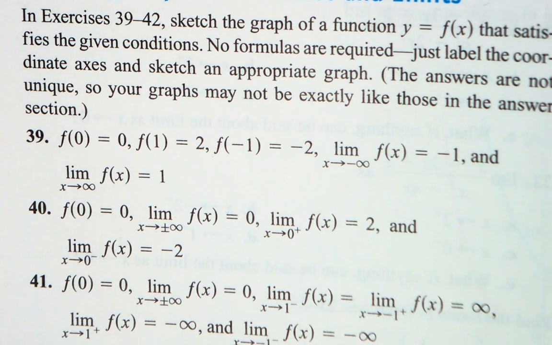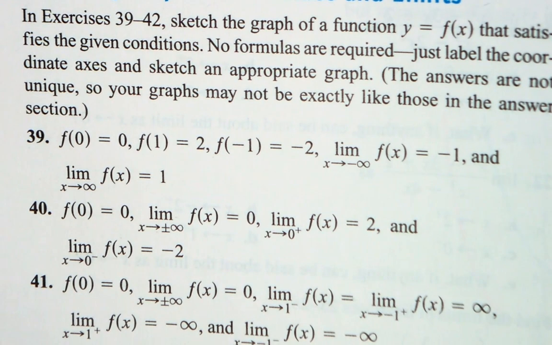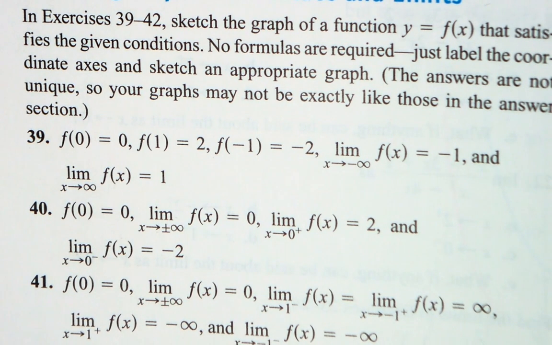Do you think there's only one answer for this? No, your graphs might look a little different than somebody else's, so that's all right. Wait, is one the Y? Then it says if you go to negative infinity.